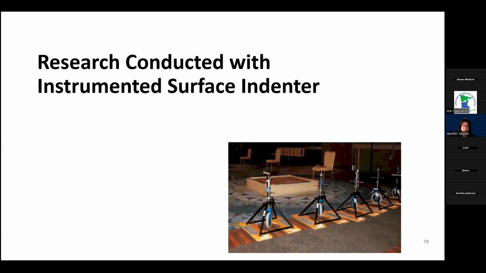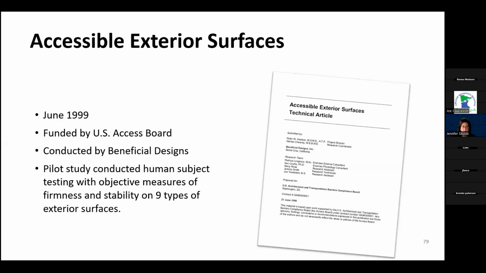The device has been used in a variety of different research studies over the last 25 years. The Access Board commissioned Beneficial Designs in 1999 to do a pilot study with human subjects, testing the objective measurements for firmness and stability over different surfaces.